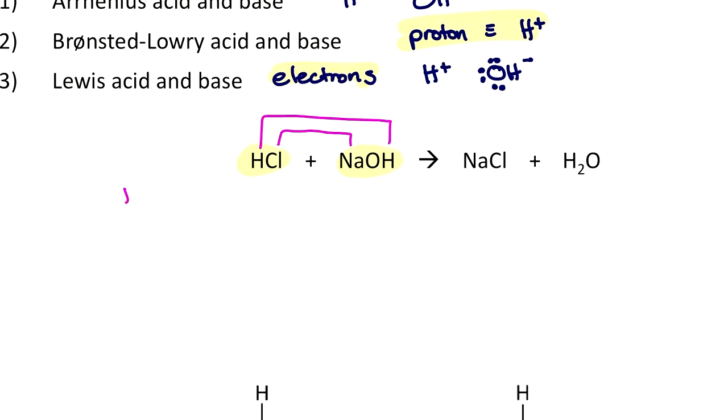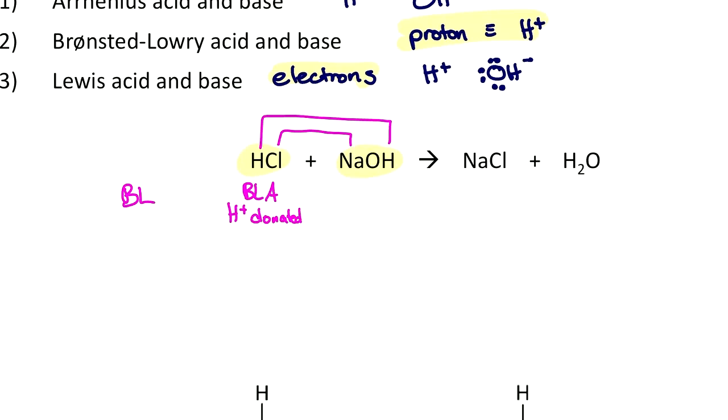So if we think about Bronsted-Lowry acid-base theory, it makes HCl the Bronsted-Lowry acid or base? Acid, yes, it makes it the Bronsted-Lowry acid because your proton, so your H plus, is being donated in this reaction.